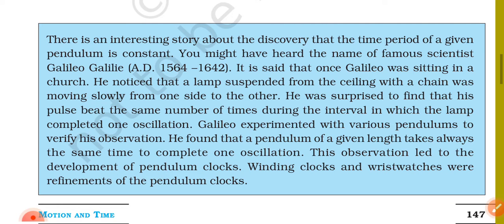He was surprised to find that his pulse beat the same number of times during the interval in which the lamp completed one oscillation. Galileo experimented with various pendulums to verify his observation. He found that a pendulum of given length always takes the same time to complete one oscillation. This observation led to the development of the pendulum clock. Winding clocks and wristwatches were refinements of the pendulum clock.